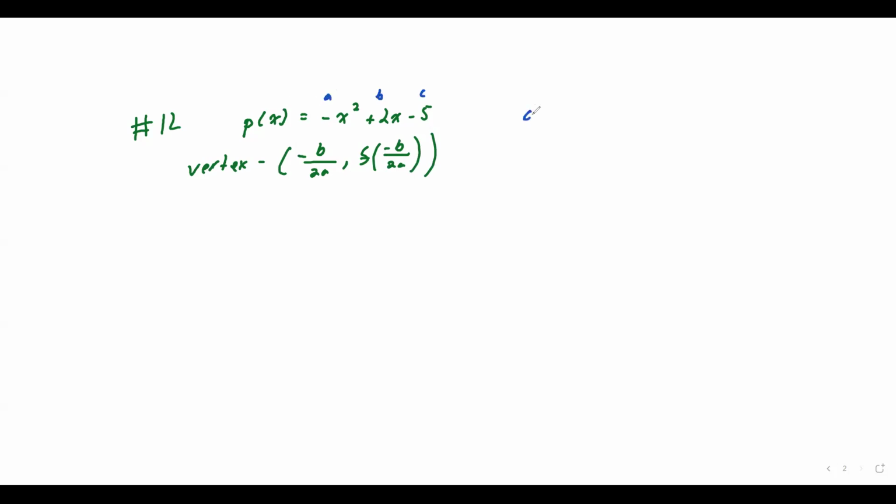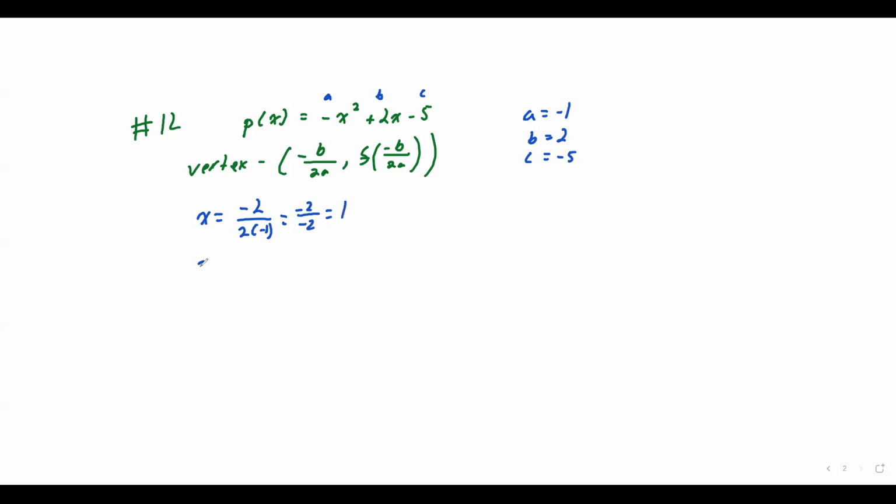So if you want to come over here and say a is equal to -1, b is equal to 2, and c is equal to -5 to organize your information, that is definitely a good process there. But let's start off by trying to find our x. So this will be -2 over 2 times -1. So that's just -2 over -2, which is just 1.